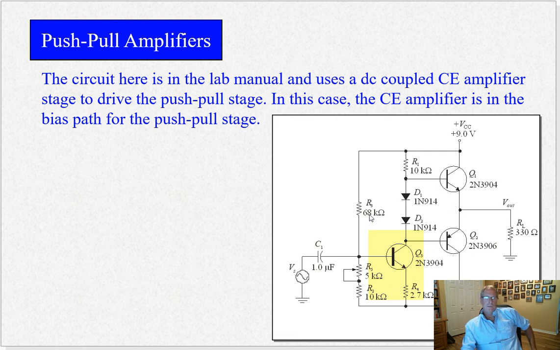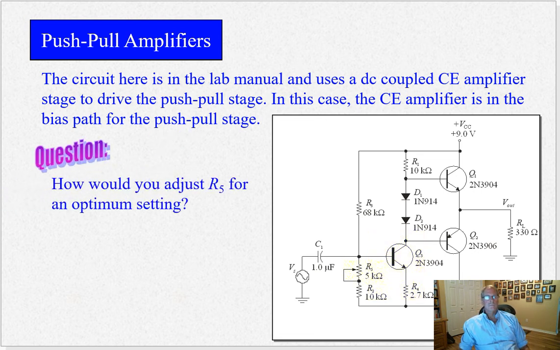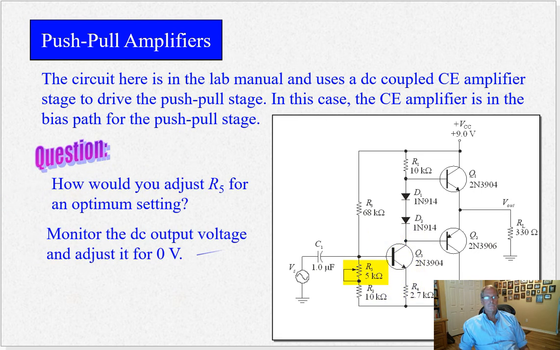What's the problem with this, though? This transistor Q3, depending on currents, could get a little warm because it's always on, whereas these transistors ideally are not always on. They're only on for half a cycle.